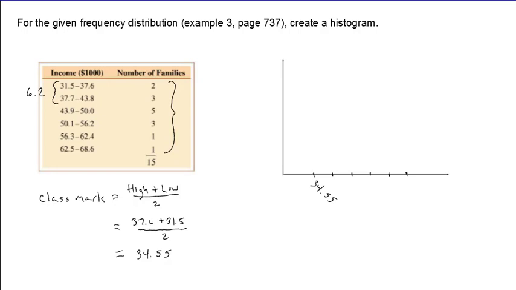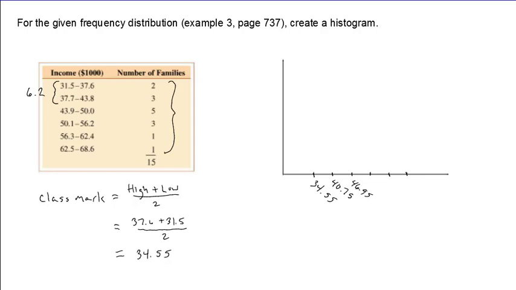So I've got my calculator ready. When I take 34.55 and add 6.2 to that, I get 40.75, so that is my next class mark. When I add 6.2 to that again, I end up with 46.95.